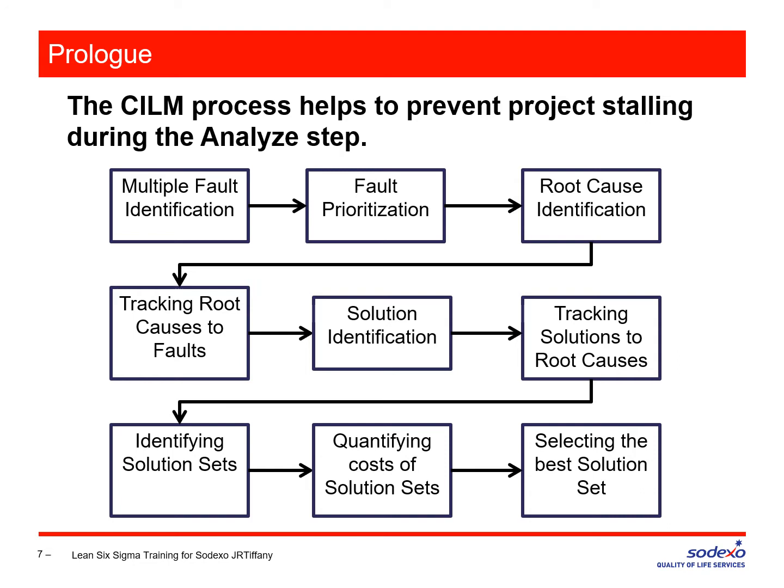Any of the solution sets is roughly equal to the other solution sets in addressing faults. So we look at the solution sets and determine which one of those, or which ones of those, we will select for implementation. That's usually done by a cost-benefit analysis. So we select the best solution set using the CILM.